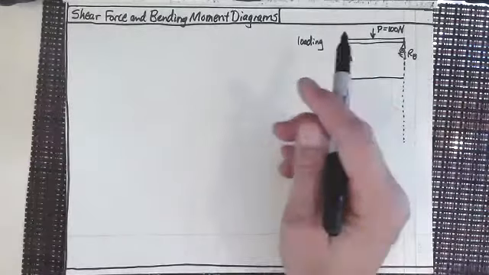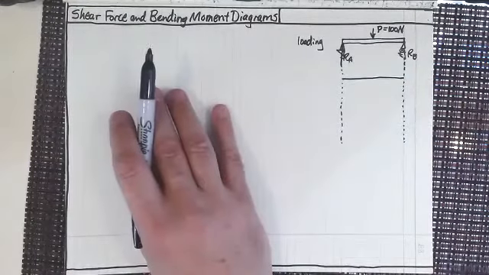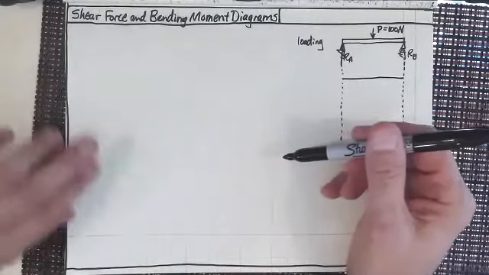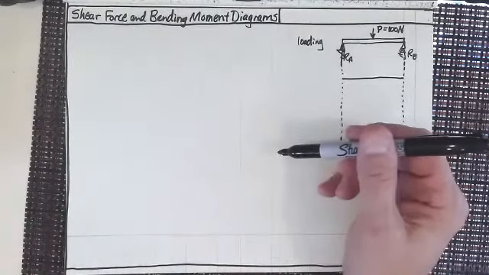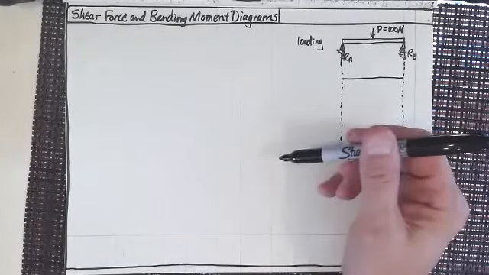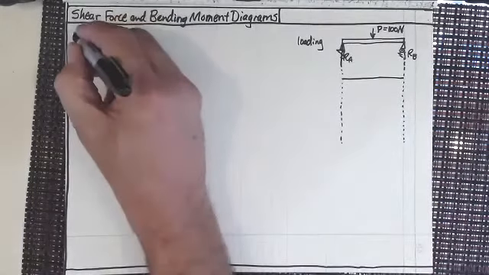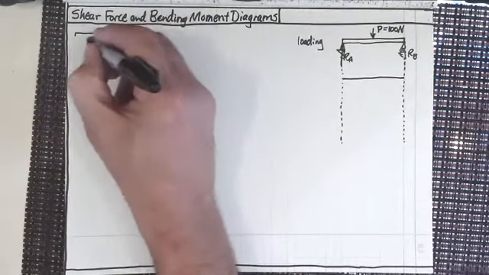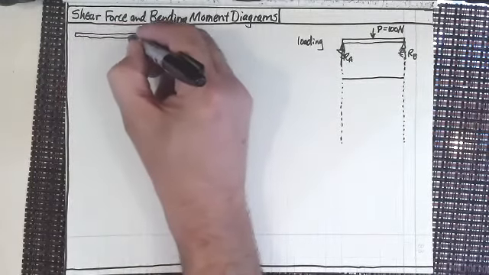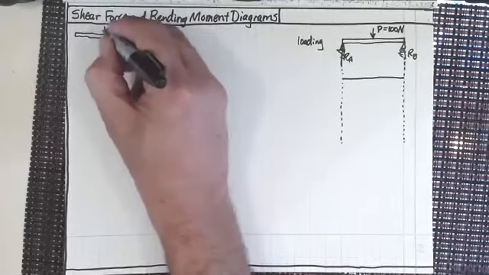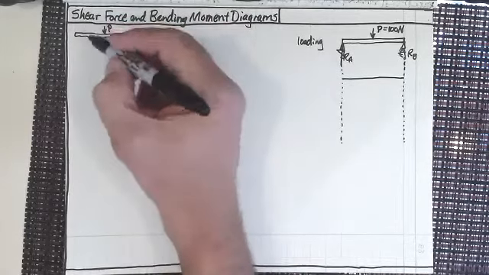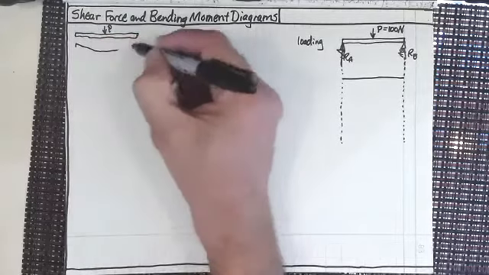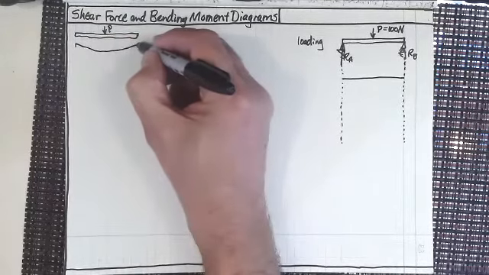Before I get into the diagrams, we should talk about the convention of what's positive and what is negative. If I have a beam like that and I load this beam with a force P, just like I have, that would cause the beam to bend down like this.